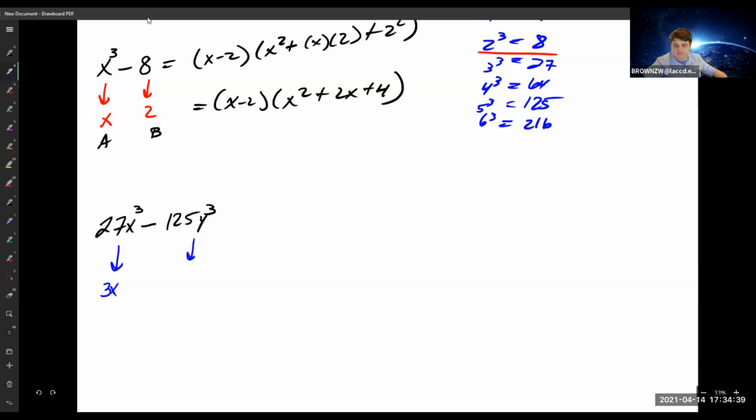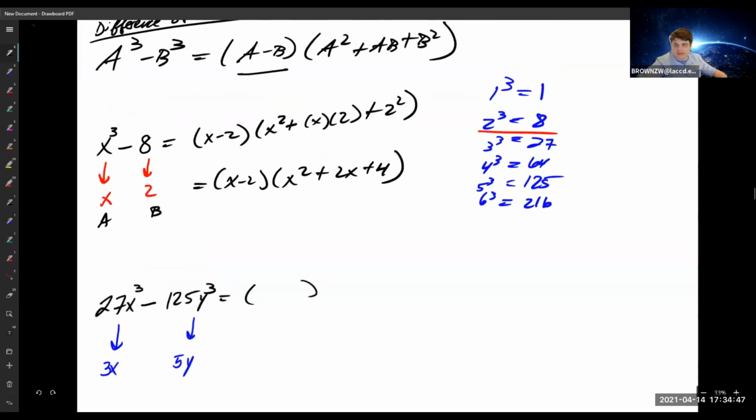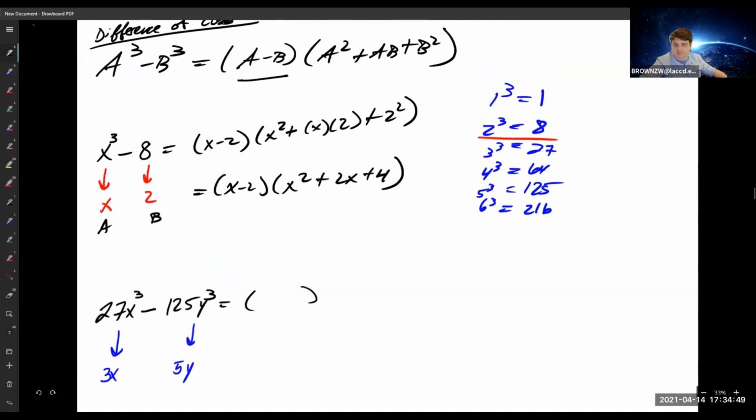And 125 is a perfect cube of 5y. So let's see if I can get my formula on here at the same time. First we have a minus b, where this is my a, this is my b, so we have 3x minus 5y. Actually, I'm going to slide this up a little bit.